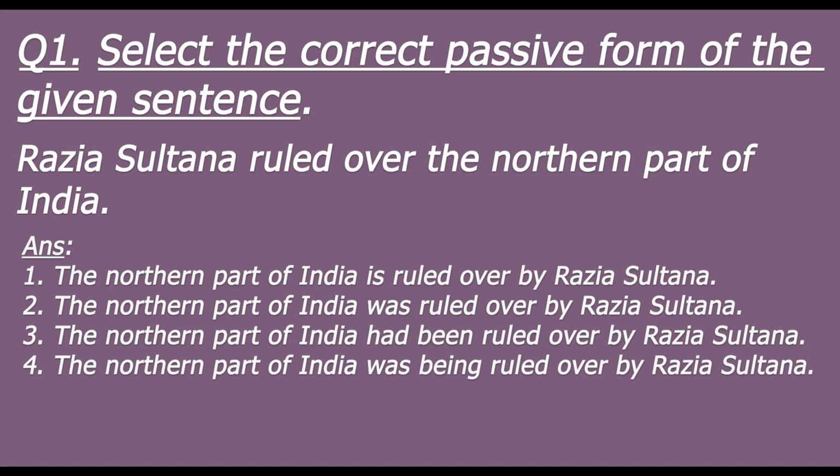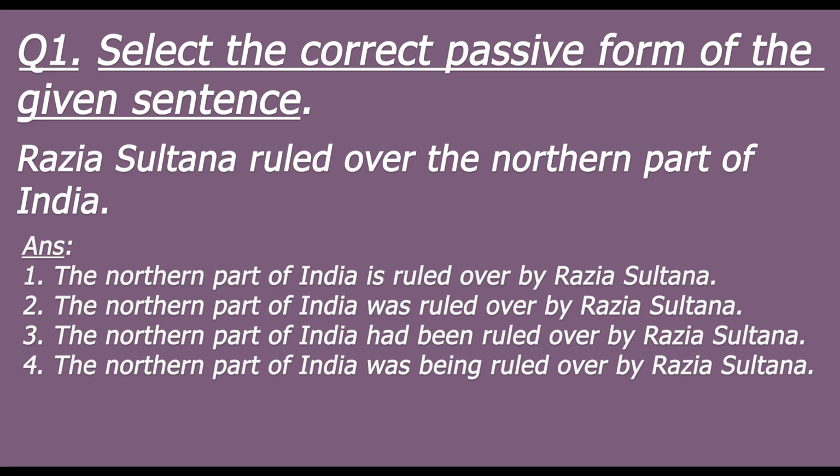The third sentence, the northern part of India had been ruled over by Razia Sultan. This is also not correct because the sentence is in simple past tense and the passive form has also to be in simple past tense. The fourth one, the northern part of India was being ruled over by Razia Sultana.